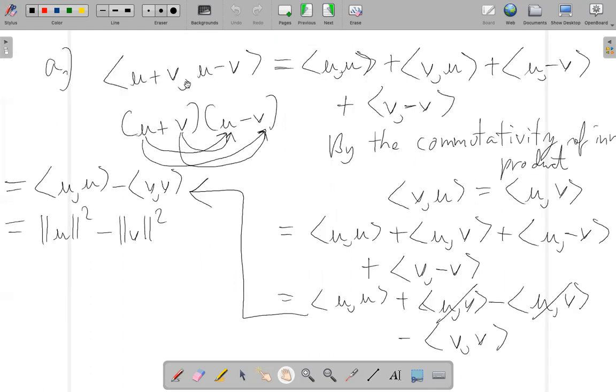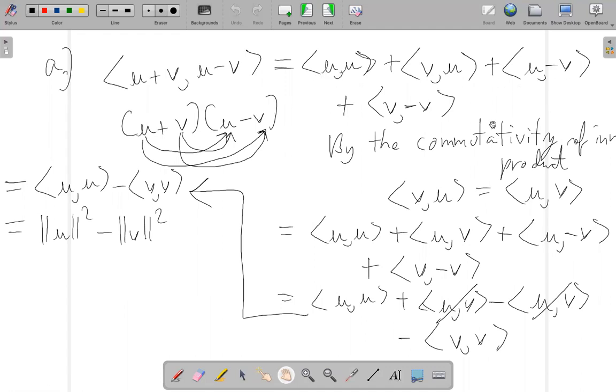So the first part of the problem, the inner product of u plus v and u minus v. The big thing you need to know when dealing with vectors inside an inner product operator is that you simply operate the same way you distribute two numbers, using the distributive property of multiplication. So this inner product simply becomes these four terms expressed over here.